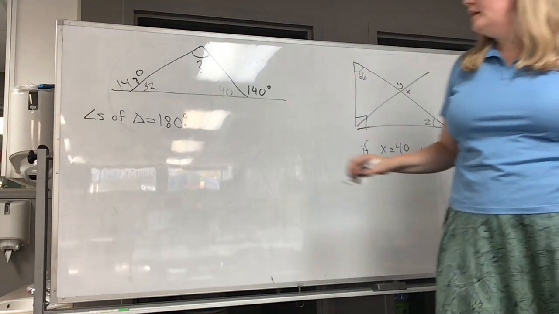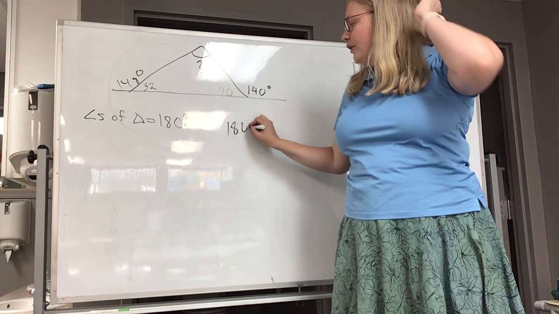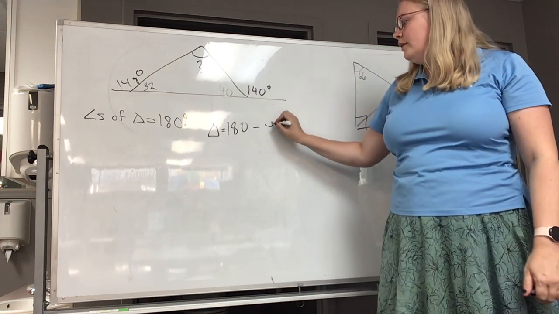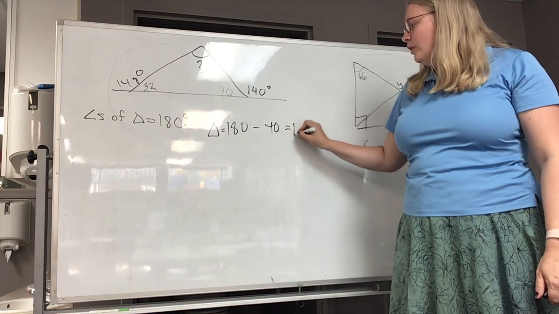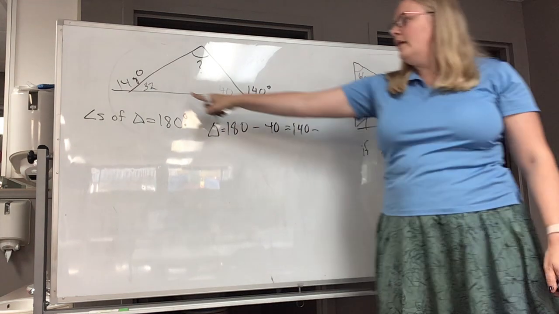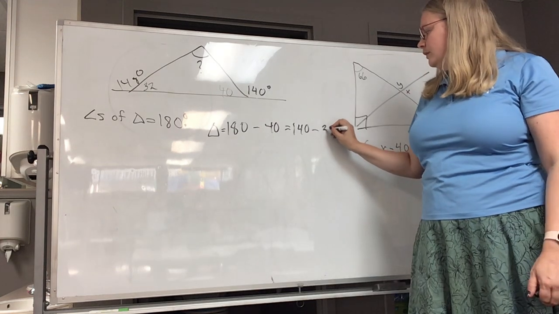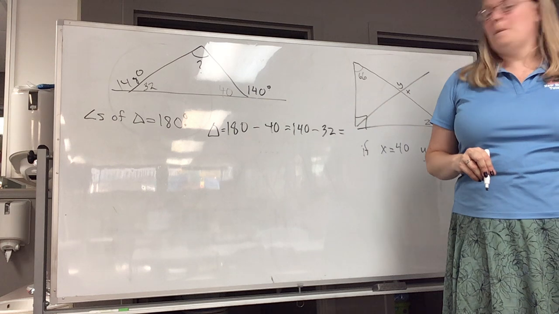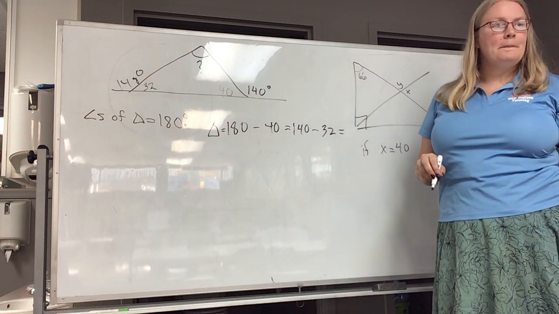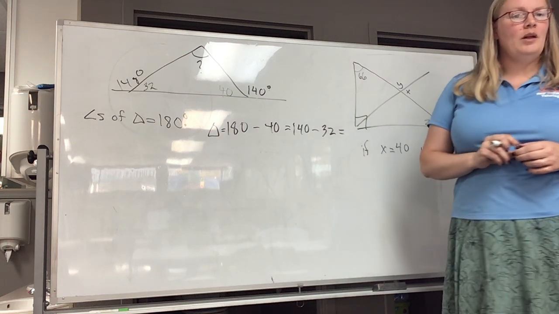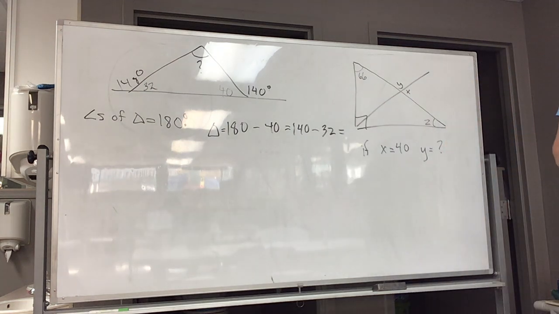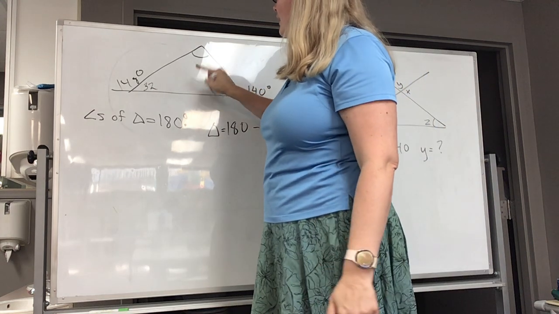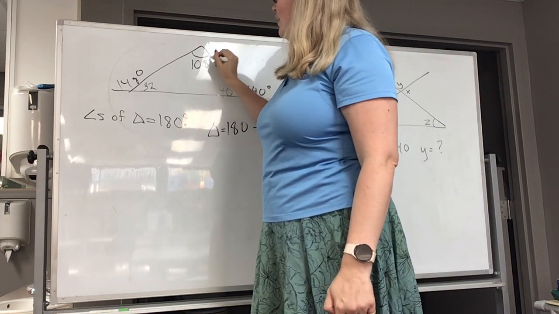And finally, we can take our 180 for our triangle and take away 40. We get 140. Take away 32. And what's left over? I will always say calculators are fine, but 108. And so this is our angle.